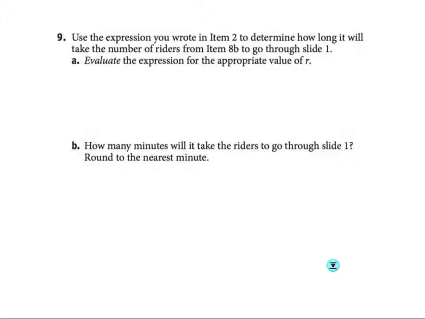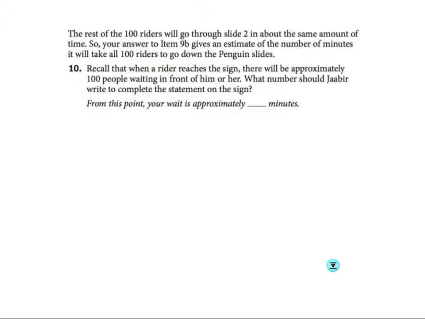B. How many minutes will it take the writers to go through slide 1? Round to the nearest minute. And finally, question 10 is where we can finally find that answer for how long it is going to take to wait for those 100 people.